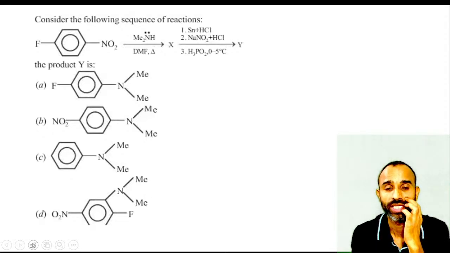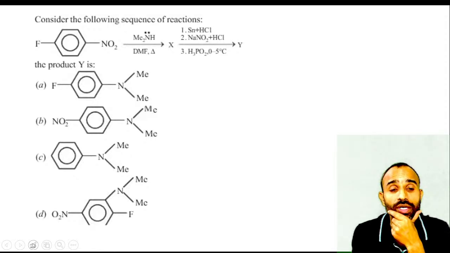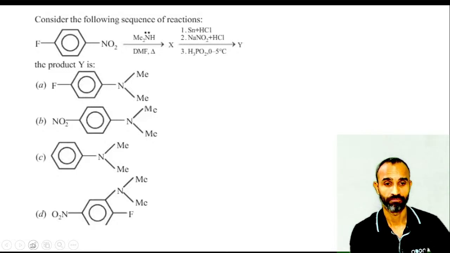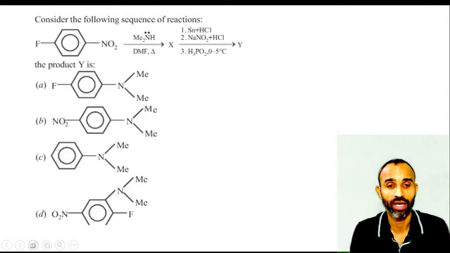So Sn/HCl, if we talk about it, because of dimethylamine, the reaction with fluoro-nitrobenzene in the presence of DMF. DMF means dimethylformamide. Now you know fluorine and nitro both are electron withdrawing groups.